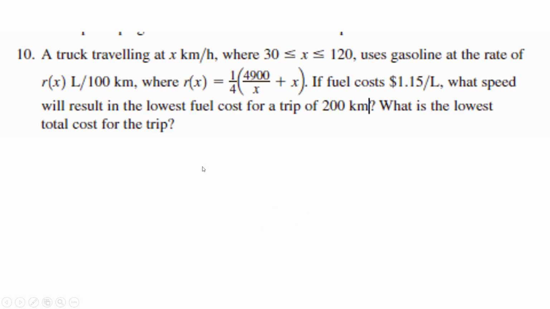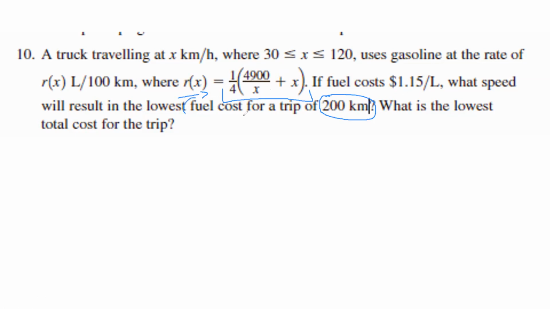This function is going to give us, we know that we're going to make a 200 kilometer trip, so we're going to use 2 times this amount of fuel if we go at a specific speed. So we would like to know the lowest consumption per 100 kilometers that we can get.